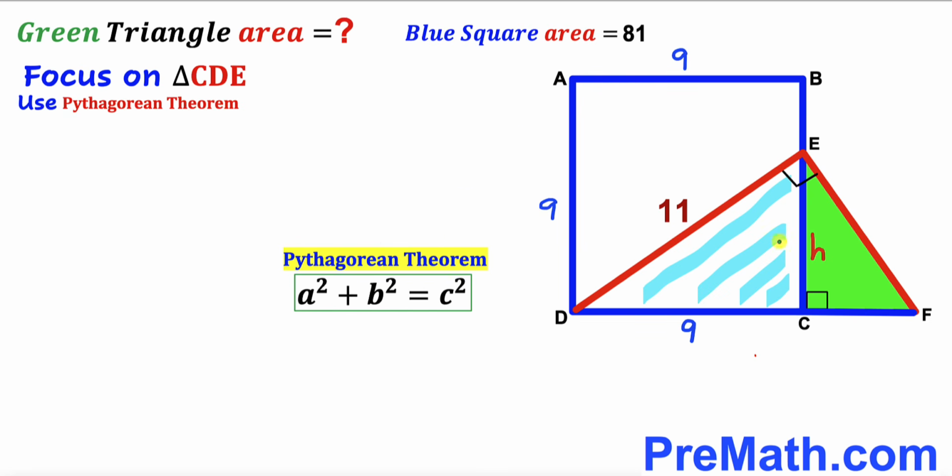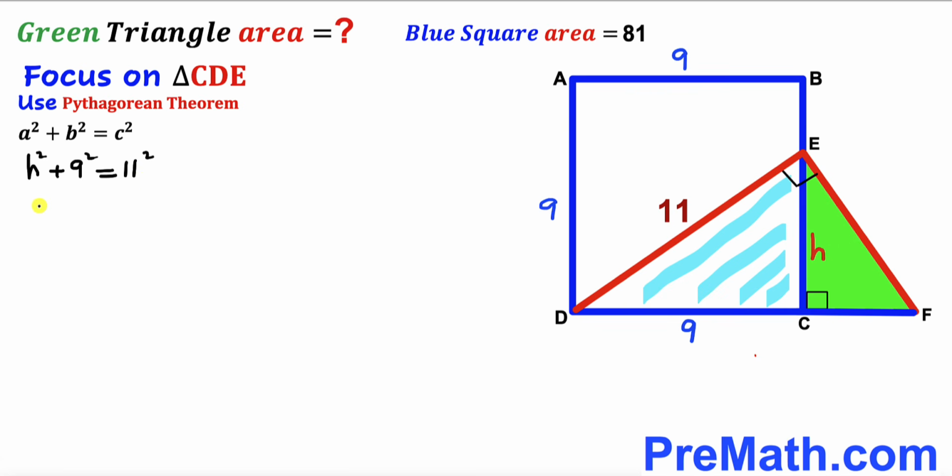In our case, the hypotenuse is 11, whereas our two other legs are h and 9. So we can write h squared plus 9 squared equals 11 squared, so h squared plus 81 equals 121.